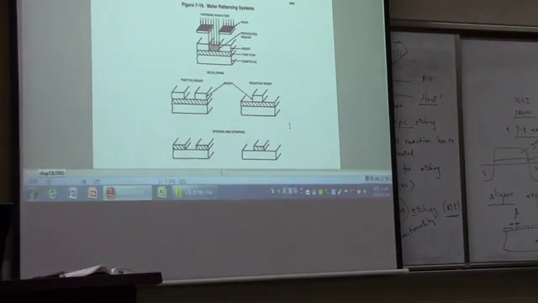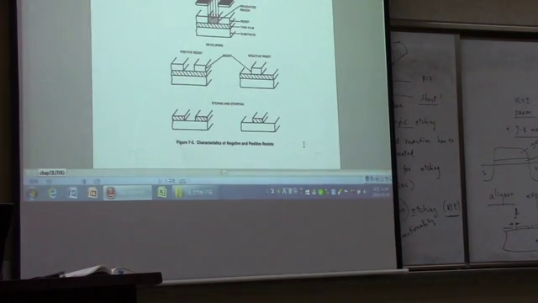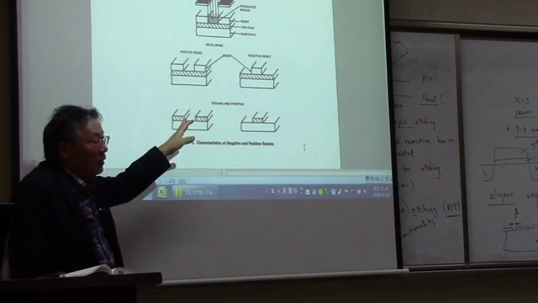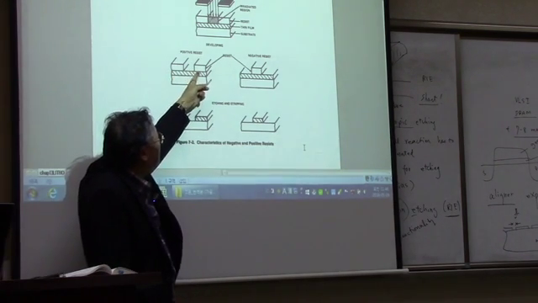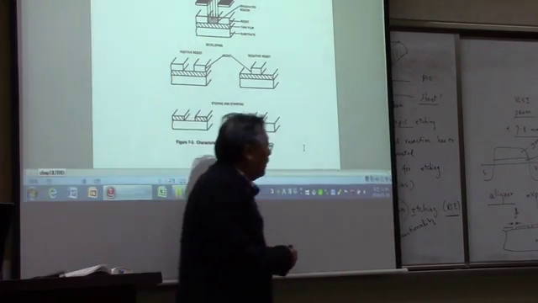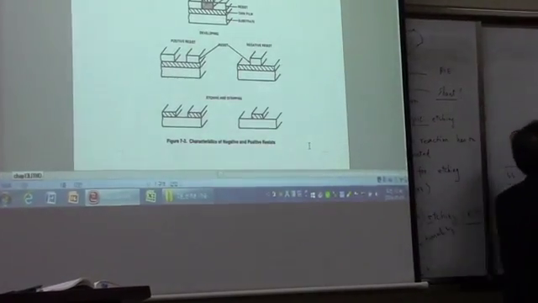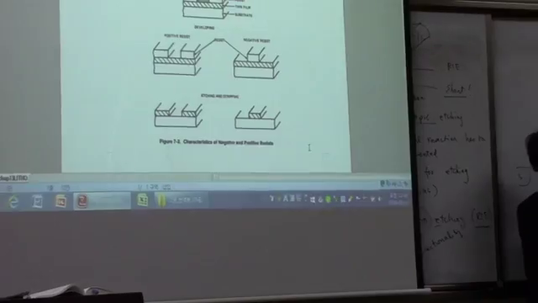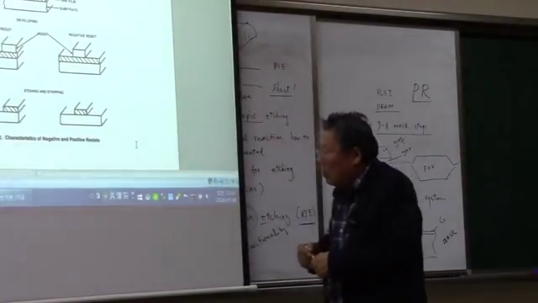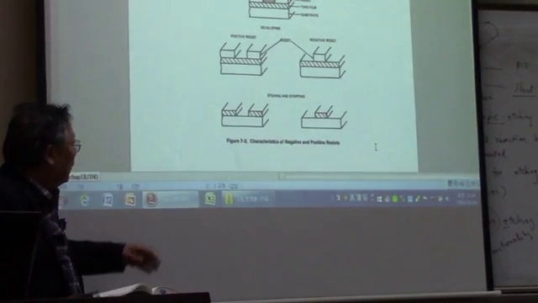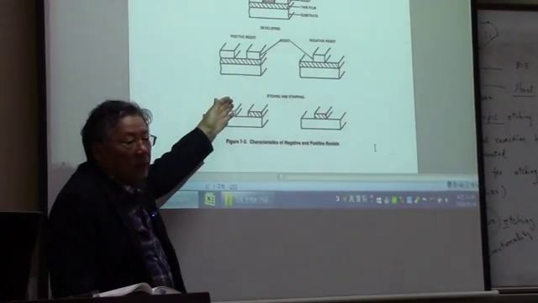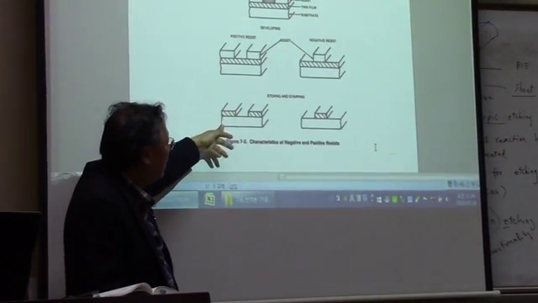And then with that, after you expose the lights and develop the photoresist, we call that photoresist PR. With this PR, we use them as a mask and etching.